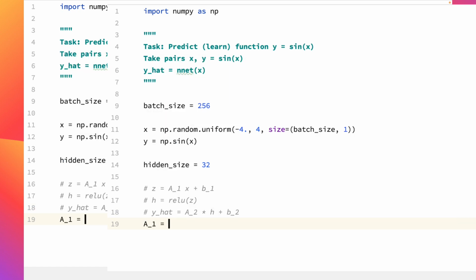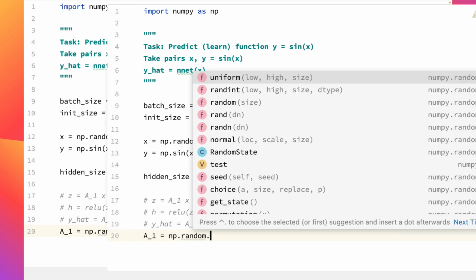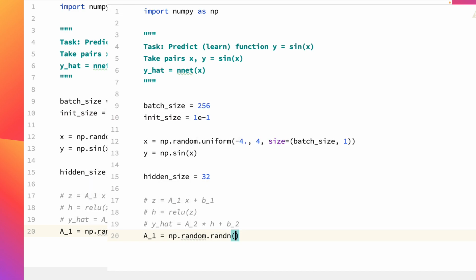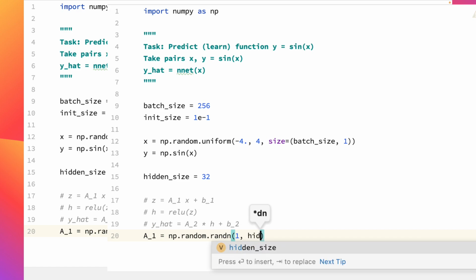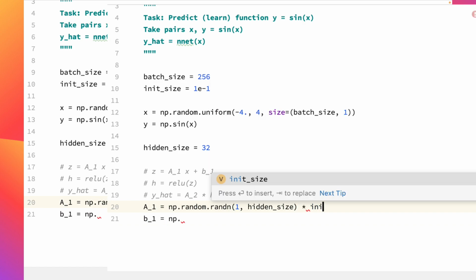So yeah, let's draw a1. Maybe initialization size. So let's do something small. Random normal: input size is 1, and then hidden size is this, times init size.